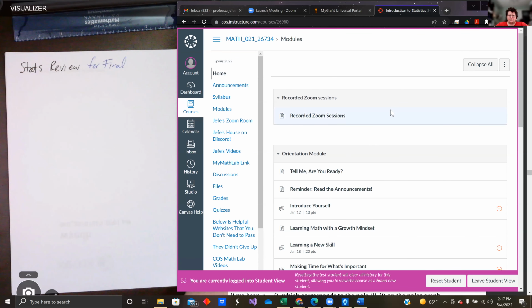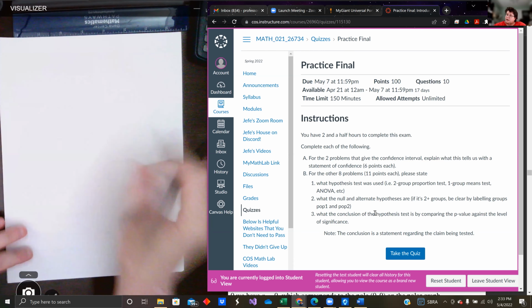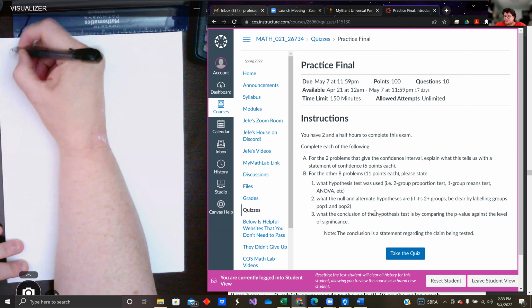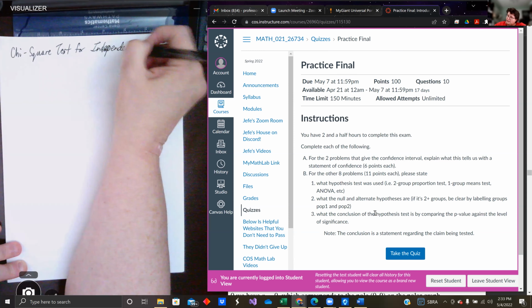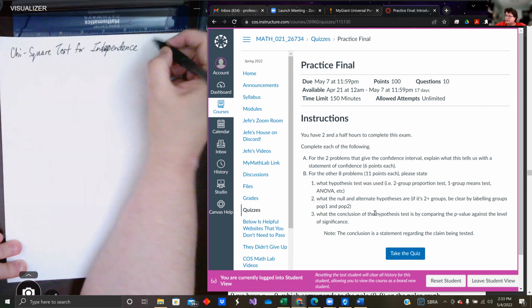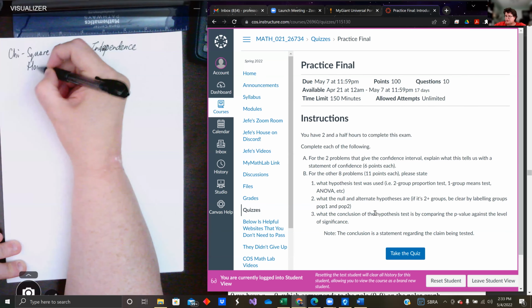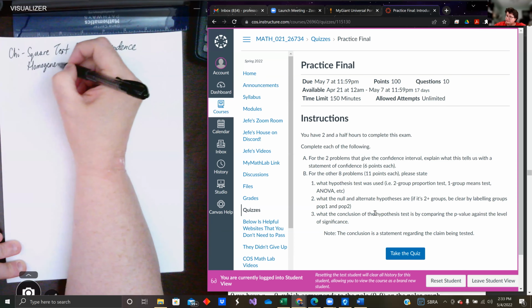What else do we have with the three samples? We had the chi-square test for independence, also called the homogeneity of proportions test.